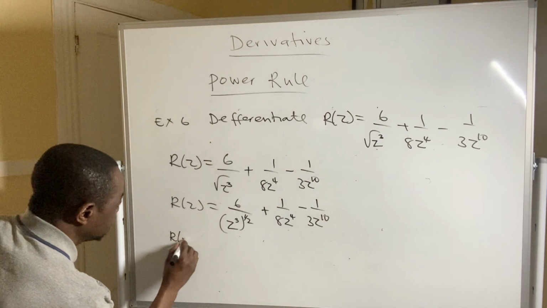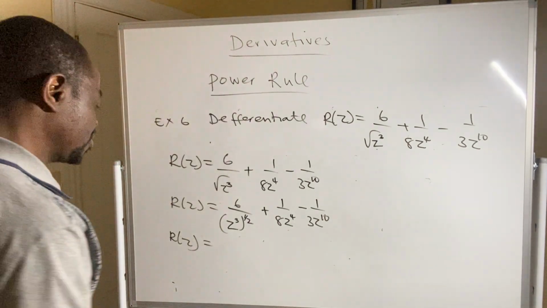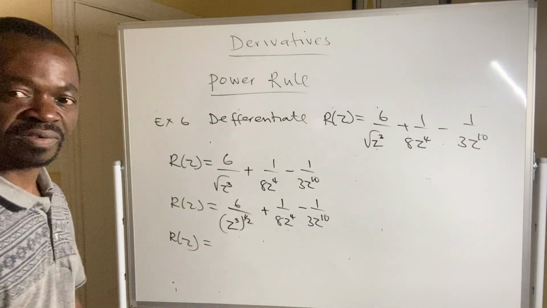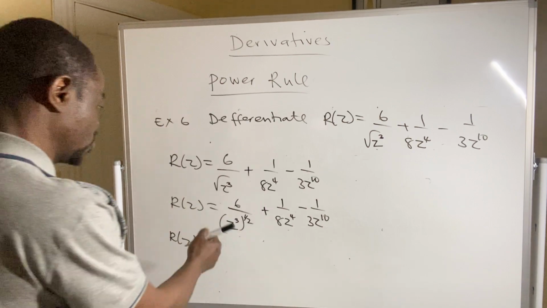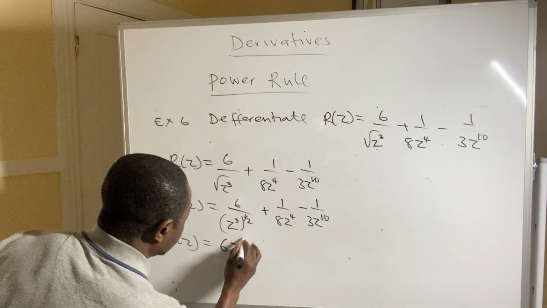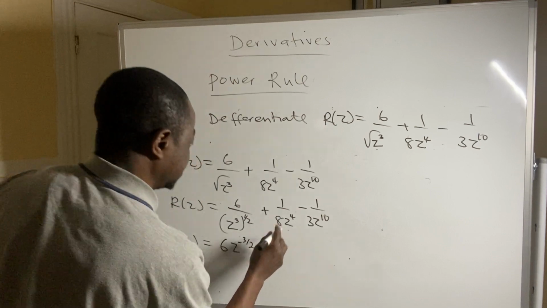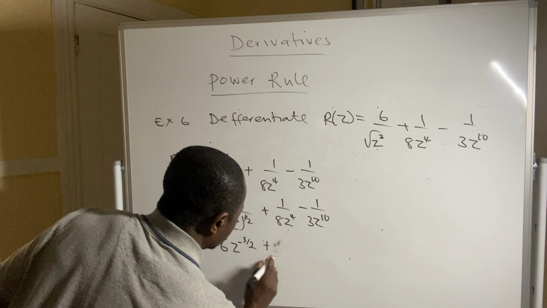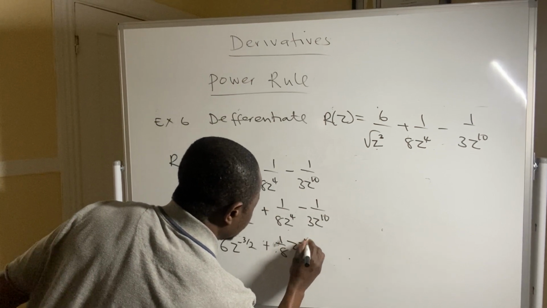So r of z is equal to, so if you take z raised to the power 3 and raised to the power half, it's the same thing as z raised to the power 3 over 2. So when you bring it up, you have 6 z to the power minus 3 over 2, and then this is plus 1/8 z to the power minus 4.